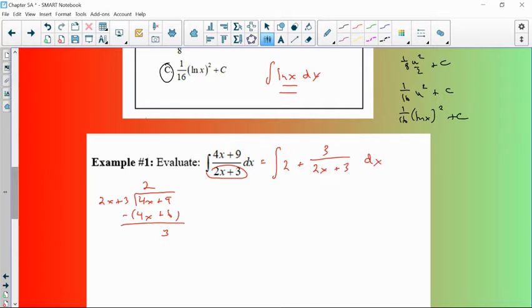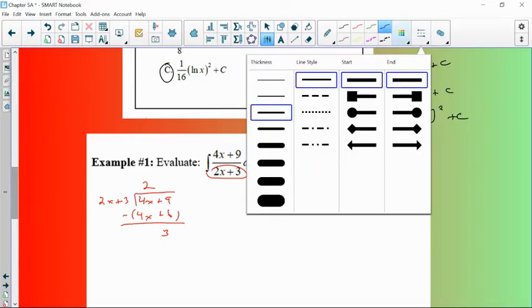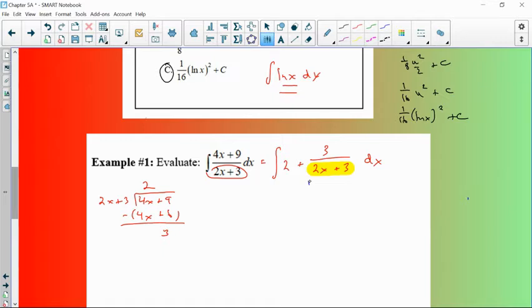So now I actually can do my integration because I can let the denominator be my u, and its derivative would just be 2, and I can fix the 3 to make that a factor of 2. No issues with that. And when we integrate the 2, it's just going to become 2x. So I'm going to do a u substitution just on the right side, really. Right here, I'm going to let u equal 2x plus 3, so its derivative is 2 dx, and we need a 3.